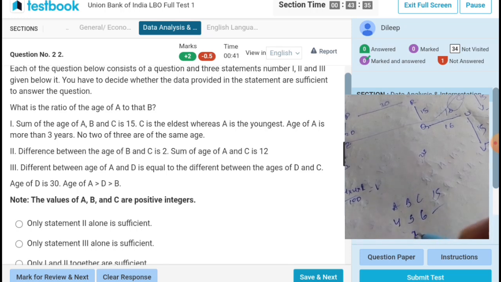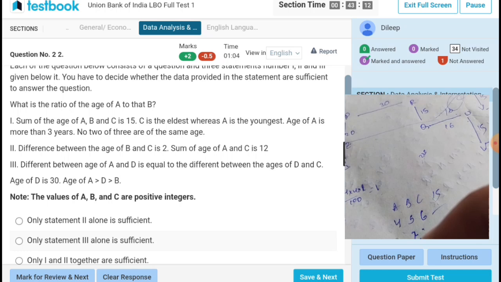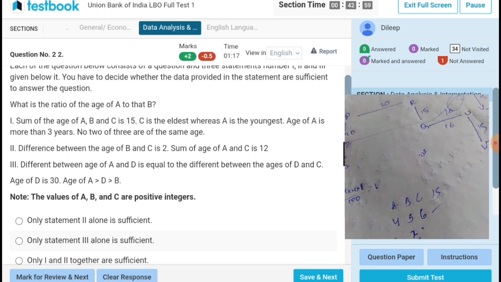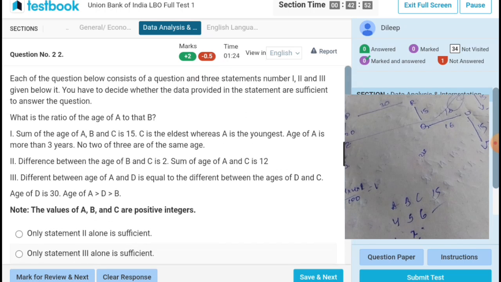X. A plus B plus C is 15. A plus C, B is 3. Ratio of A to B.